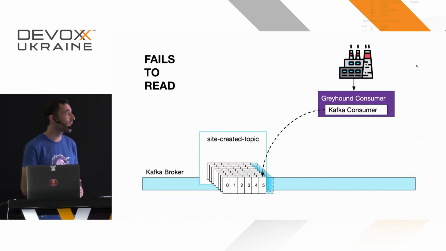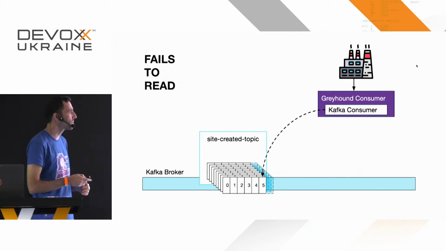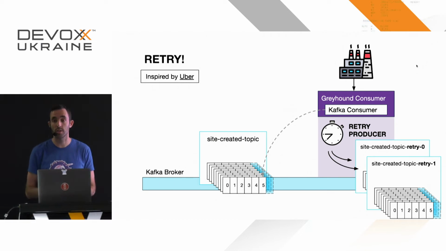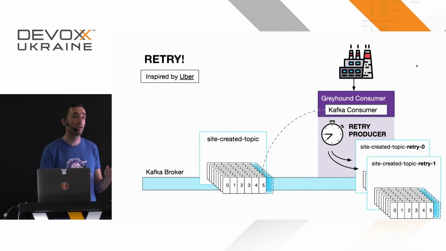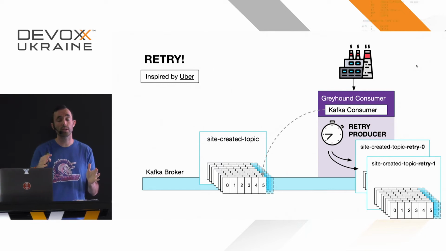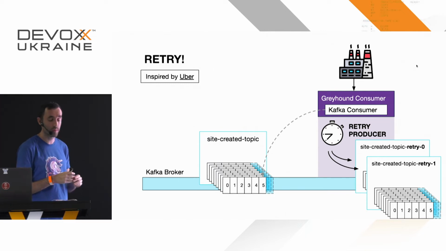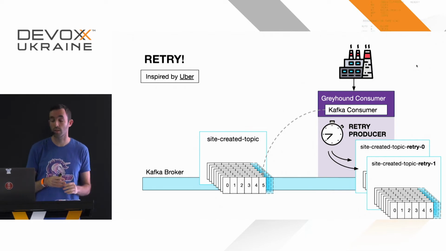And basically, this is implemented in a similar fashion to what was mentioned in the previous talk, where for each of the retry steps, we create an additional topic behind the scenes, a retry topic.